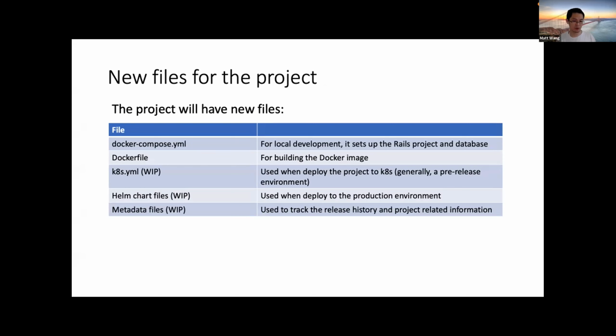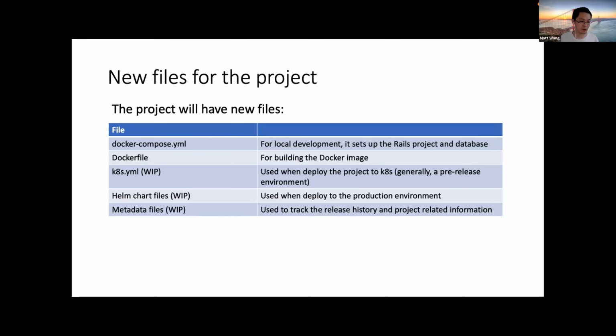You set up the Rails project and database. So once you have the project, you can just start a Rails server, and you don't have to set up the database. The database is already there because during the creation, the Docker Compose has the information about the database setup, and you just start your Rails project.